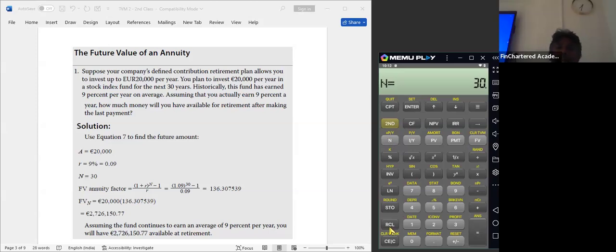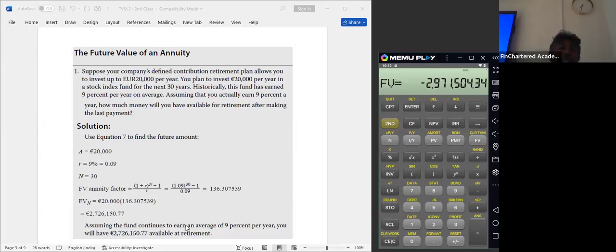Now, if I have to convert this into beginning mode, then I do second PMT, second enter. So beginning mode will come. Rest of the things will remain the same. So again, compute FV. Recall N is 30, recall I/Y is 9, recall PV is 0, recall PMT is 20,000.